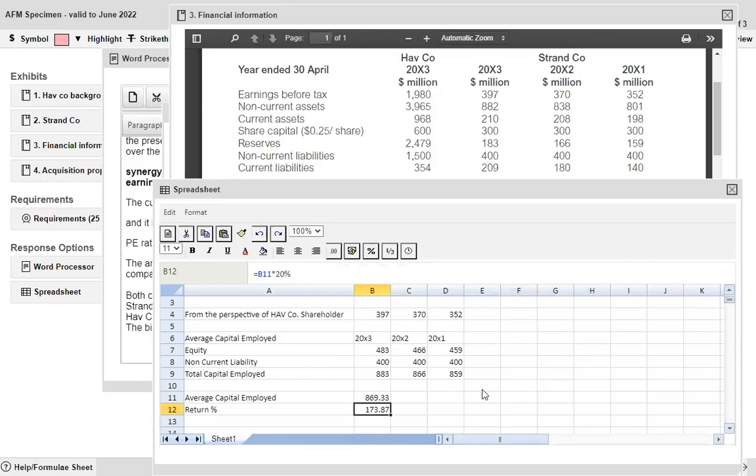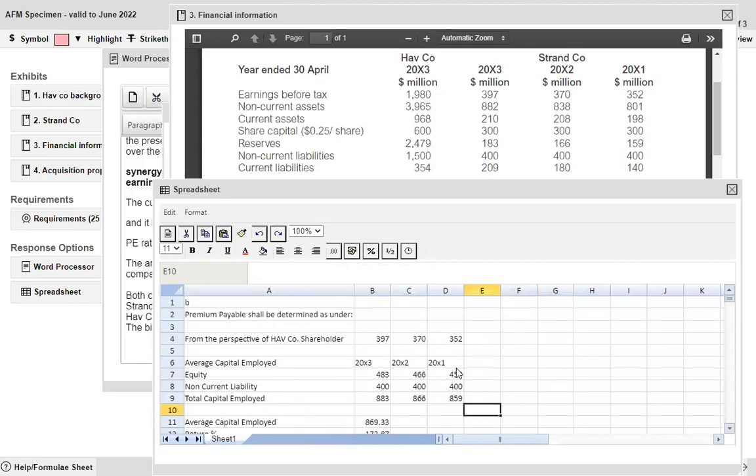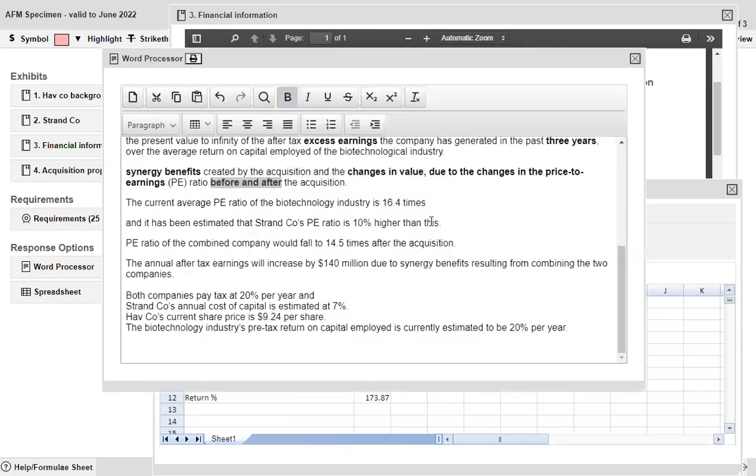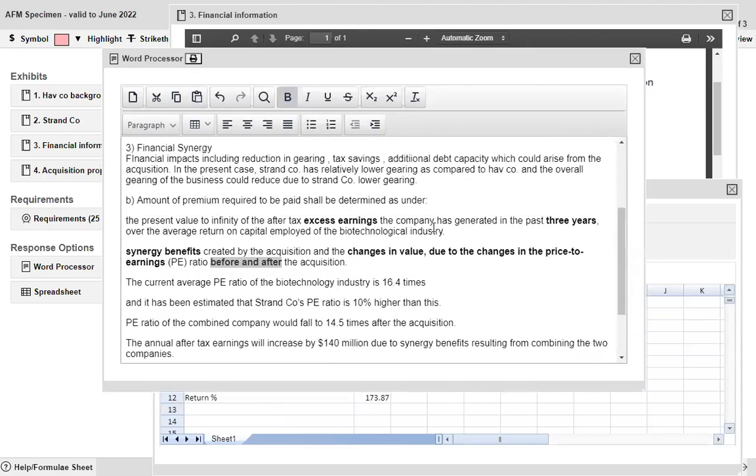Now, what is the examiner telling us? He says the return generated in excess of the average return on capital employed. After tax, the present value to infinity of the after tax excess earning the company has generated in the past 3 years over the average return on capital employed of the biotech industry.